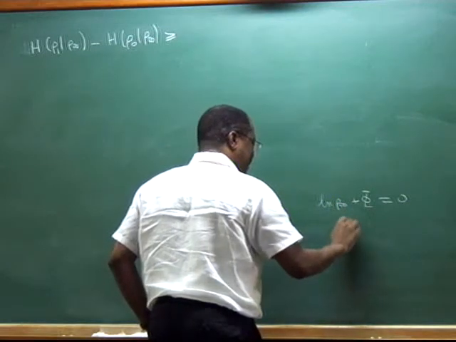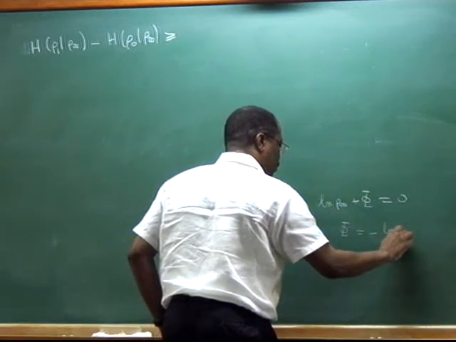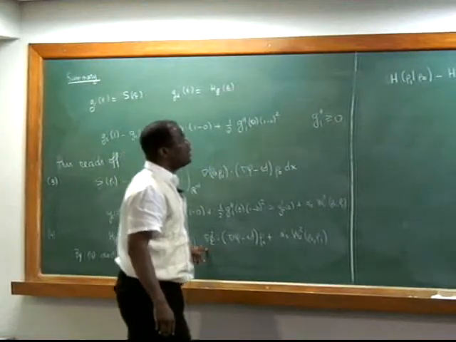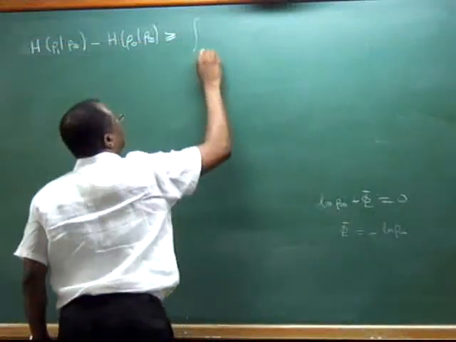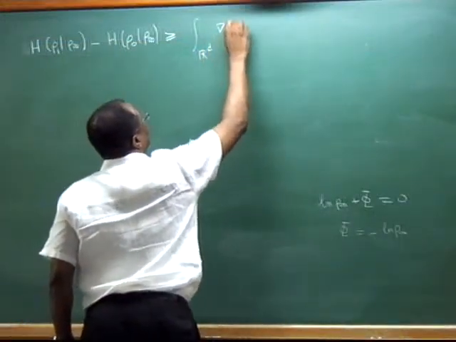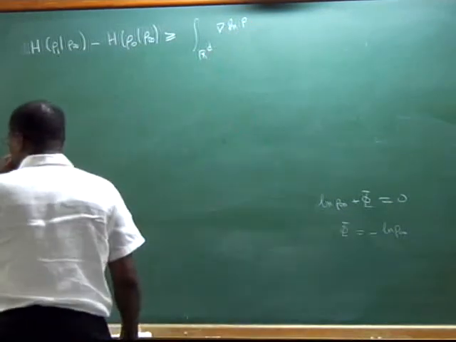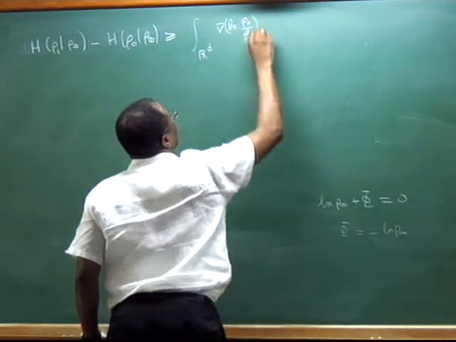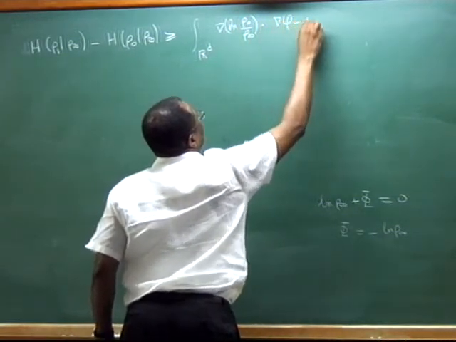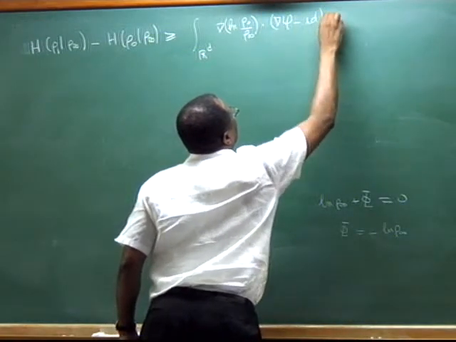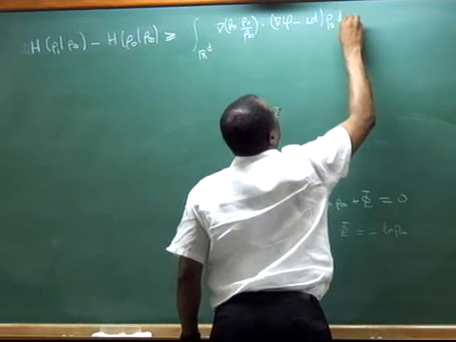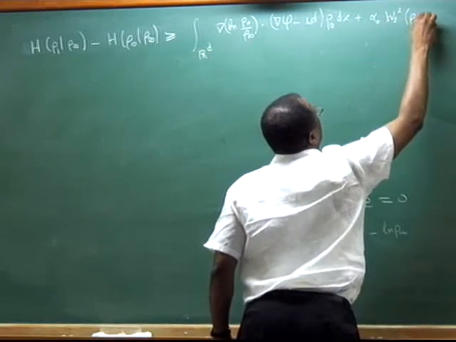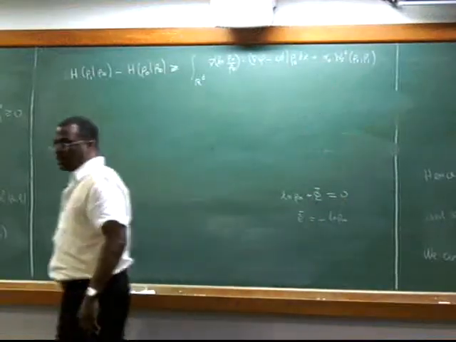This means that phi is negative log of rho infinity. So I can replace phi by negative log of rho infinity. So this is greater than the integral over Rd of the inner product of the gradient of the log of rho naught divided by rho infinity and the gradient of phi minus identity, rho naught dx, plus alpha naught times the Wasserstein distance squared between rho naught and rho 1.